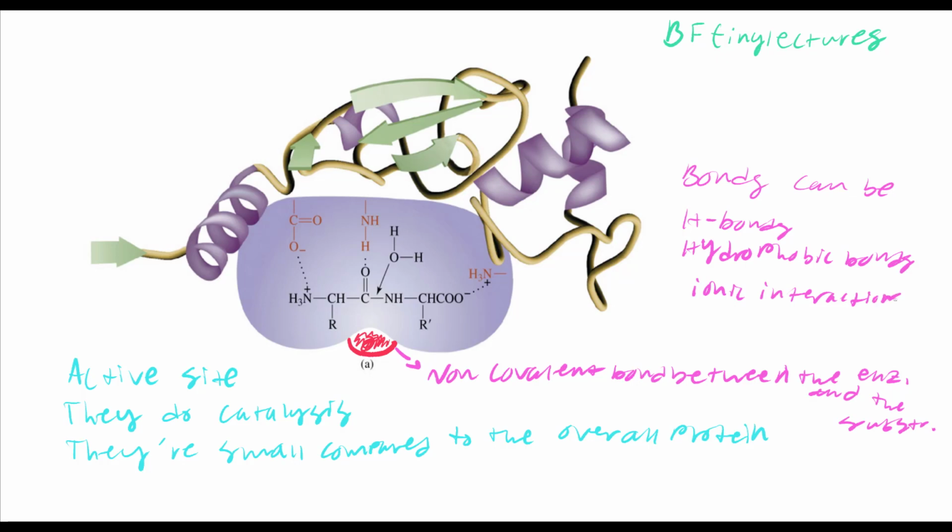And actually, this would be the same thing. So you wouldn't have bonds right here. You would actually have interactions, okay? So you have interactions with this. Okay, there you go. So that is between the enzyme and the substrate, okay?